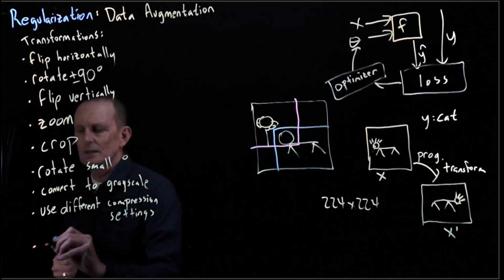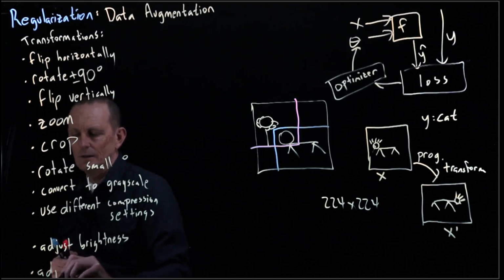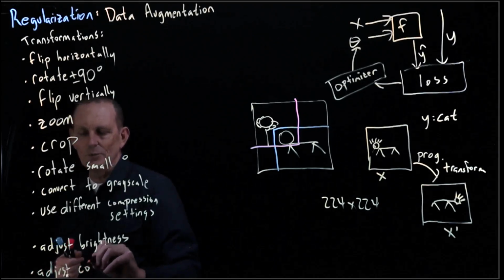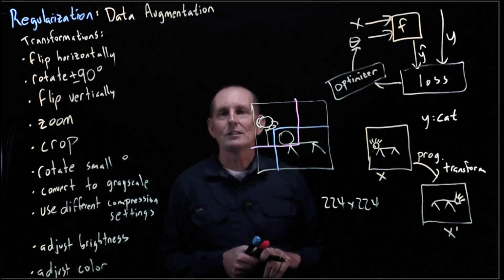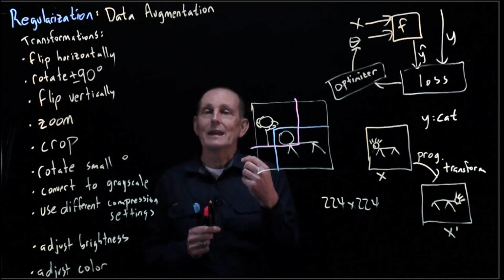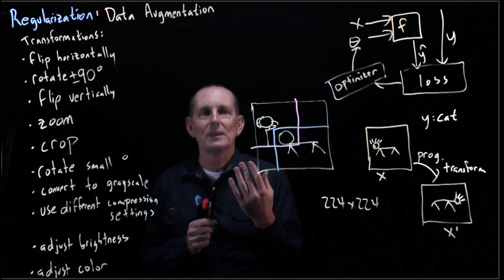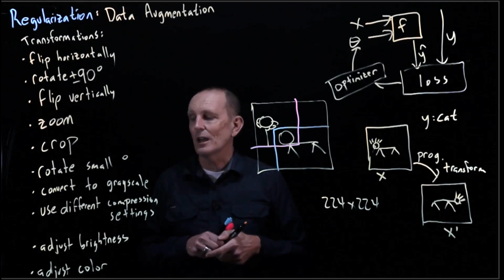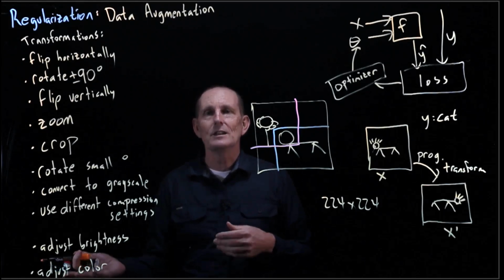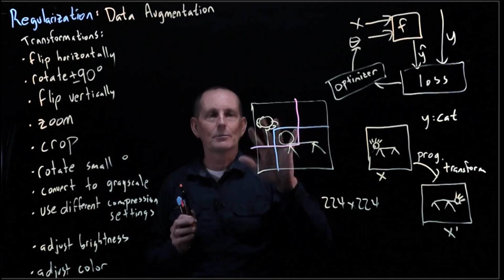We could adjust the brightness. We could adjust the color. Again, we don't want to tweak it too much, but you can imagine tweaking it somewhat to match the fact that we might have a camera that has a sensor that registers red more strongly than some other camera, and so two different cameras could see the same image and get different pixels out.